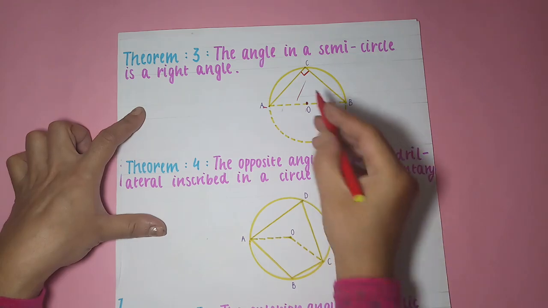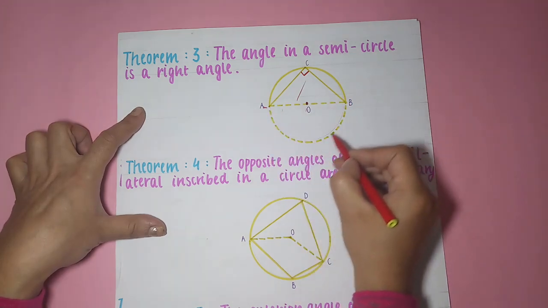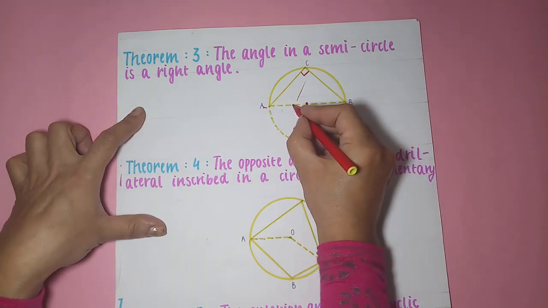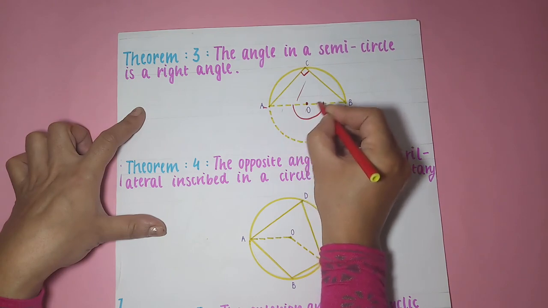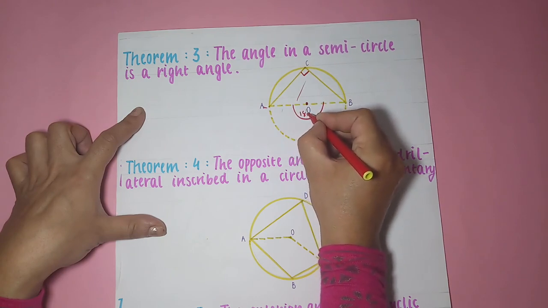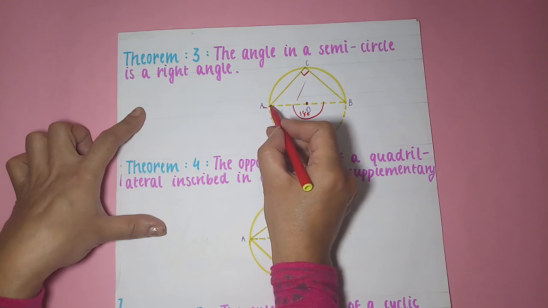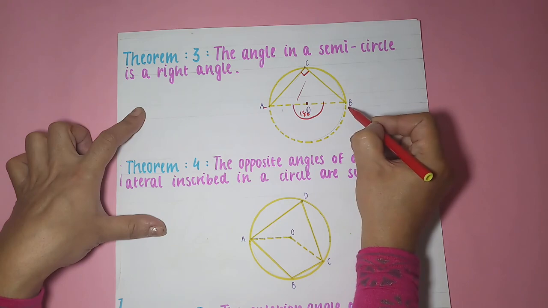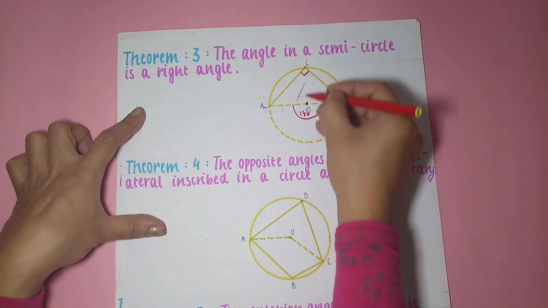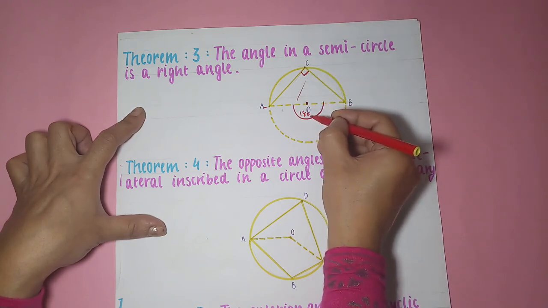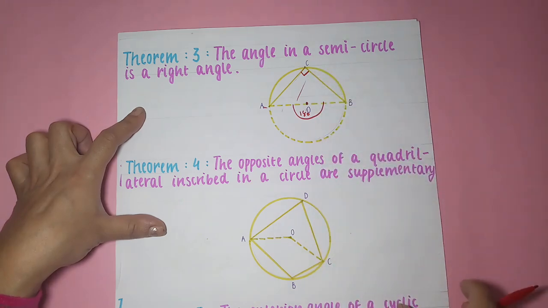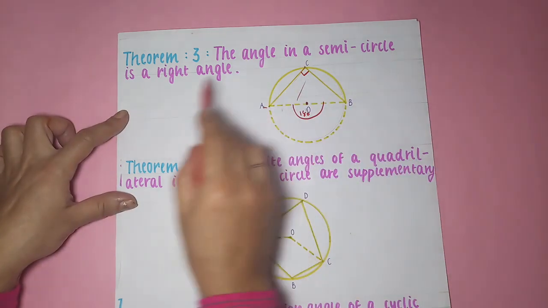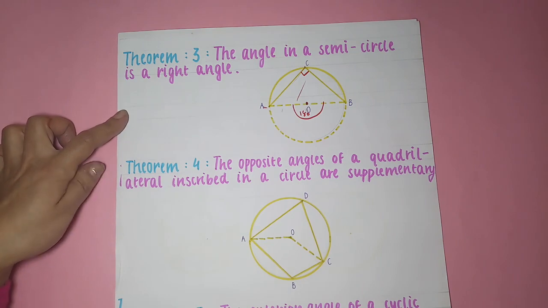Now see, what is arc? This is arc AB. Which angle is it subtending at the center? 180, right? Now the same arc is subtending angle ACB at the circumference. So obviously it has to be half of it, right? That's how we remember that angle in a semicircle is a right angle.